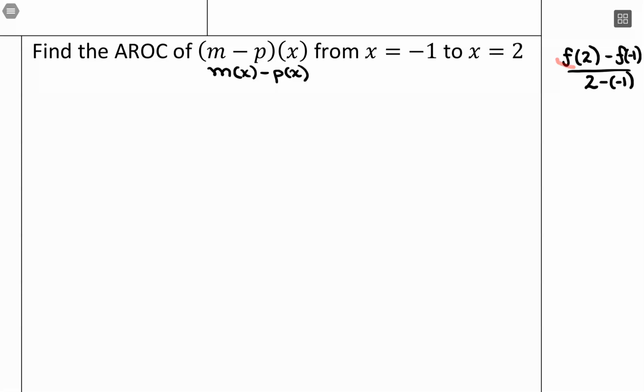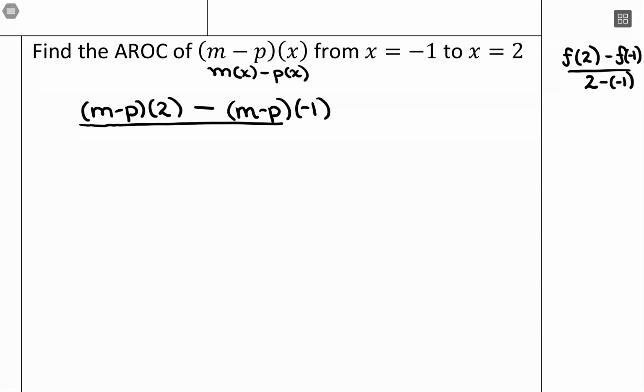But what's going to change here is where instead of f of 2, it's going to be this m minus p of 2. So what this will look like is m minus p of 2 minus m minus p of negative 1. So there we have the difference of our function outputs all over 2 minus negative 1.